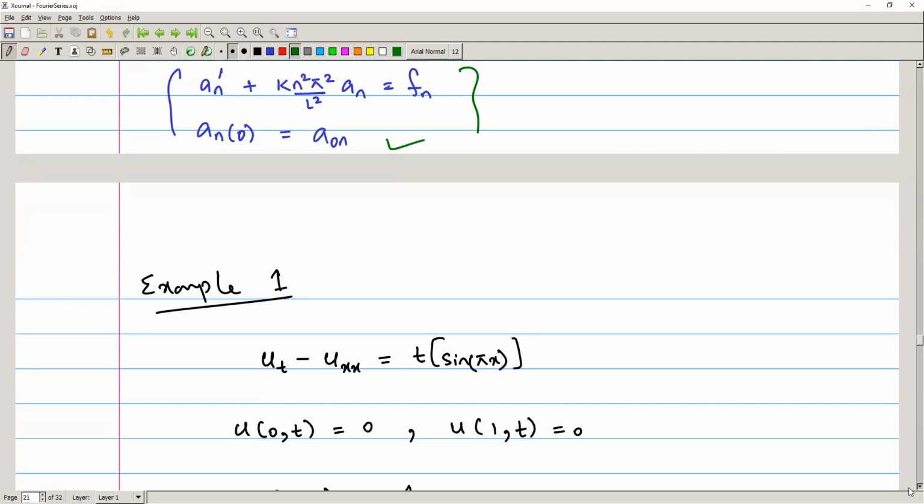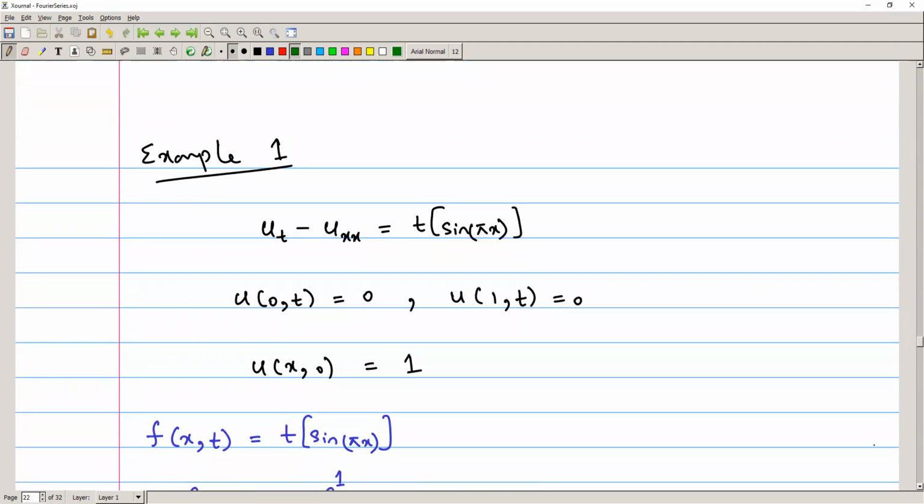So let's move to an example. Here a problem is given, a heat source is given. We can see that this is a function of x and t. All right, and the conditions are perfect. There are homogeneous regular boundary conditions, and we always need homogeneous conditions for this eigenfunction expansion, right?